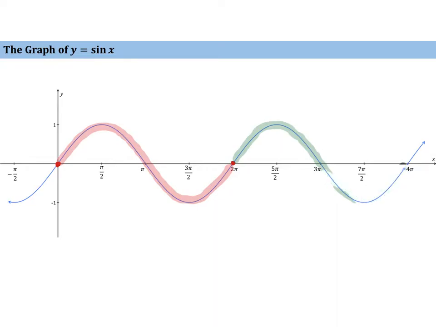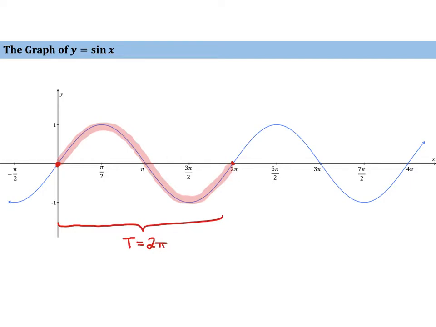So how long does it take for you to complete one cycle? If you remember, in a previous video we discussed the period of the sine function is 2 pi. So we use the variable capital T to denote the period. So the period is 2 pi.